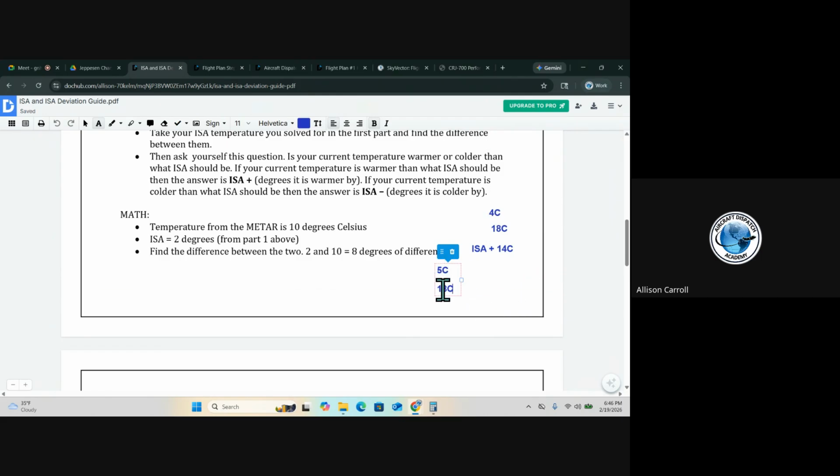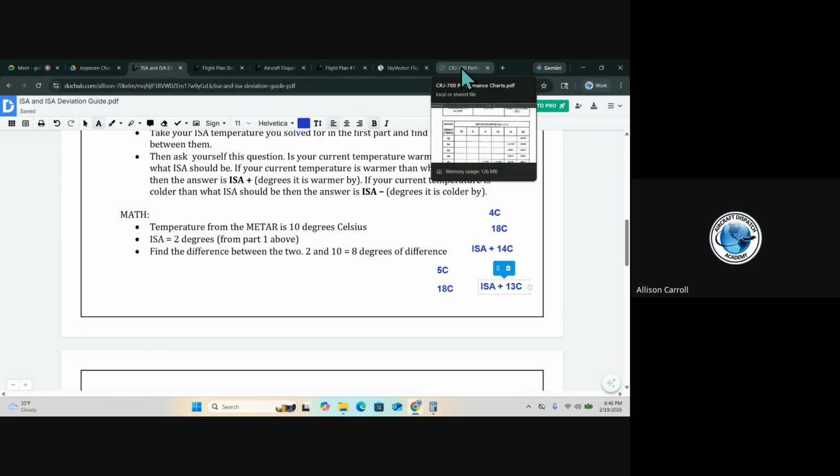So from 5 to 18, we are now ISA plus how many? 13? Right? So if it's supposed to be 4 degrees Celsius, we are ISA plus 14. If it's supposed to be 5 degrees Celsius, we are ISA plus 13.